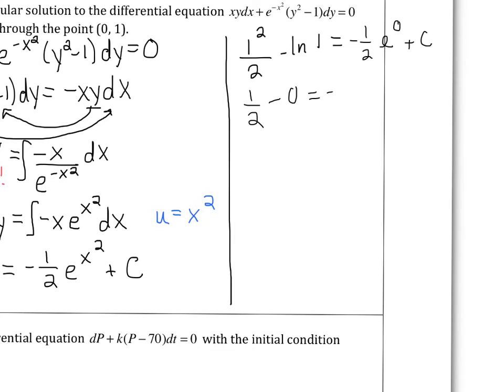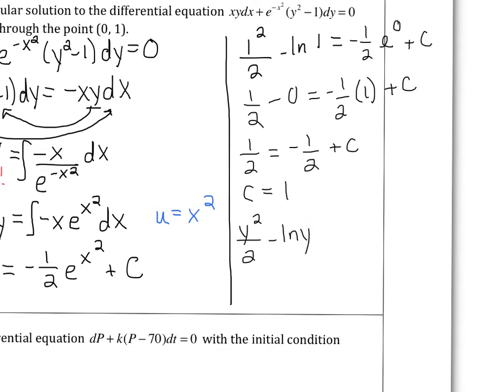And then on the right, I'll have negative 1/2 e to the 0 is 1 plus c, which leaves me with 1/2 on the left equals negative 1/2 plus c, so that when I solve for c, I get that c equals 1. Therefore, my particular solution to the differential equation is y squared over 2 minus ln y equals negative 1/2 e to the x squared plus 1 for c. Done and done.